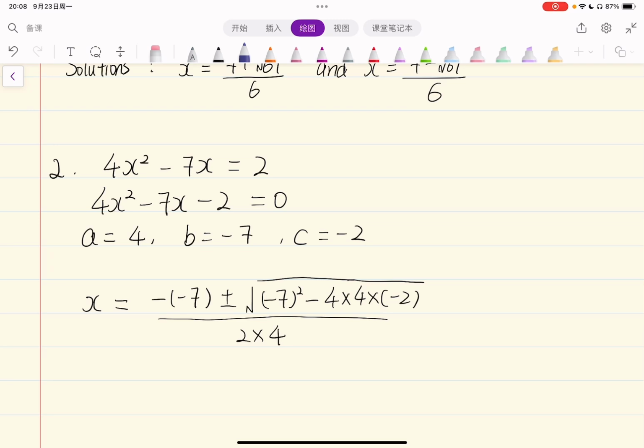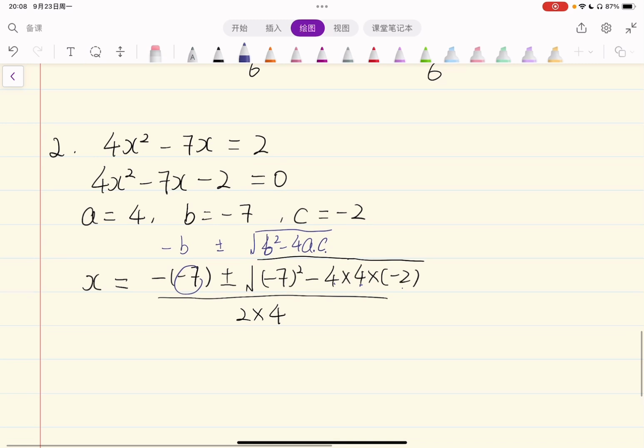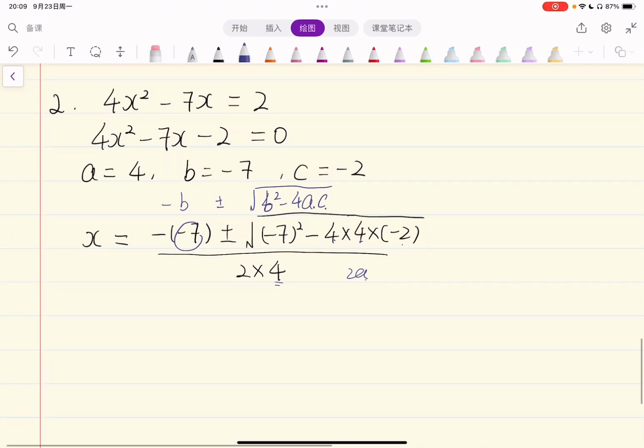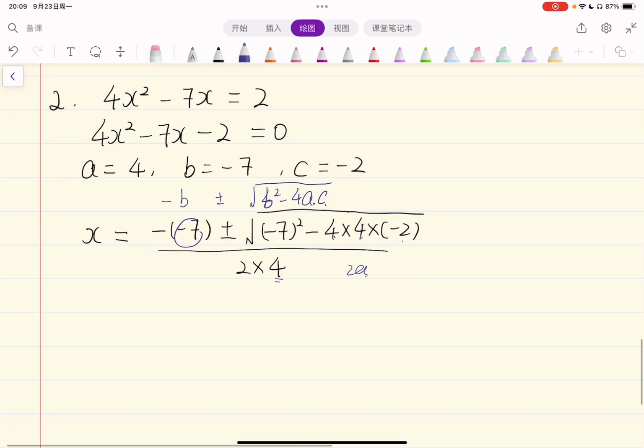So minus b, where b is -7, is correct, plus minus square root of b squared minus 4ac. b squared, -7 squared, yeah. And 4 is here, correct. a equals to 4, yeah, correct. And c is -2, yeah. And over 2a, that is 2, no problem. a is 4, that is correct. So we substituted into the quadratic formula correctly.